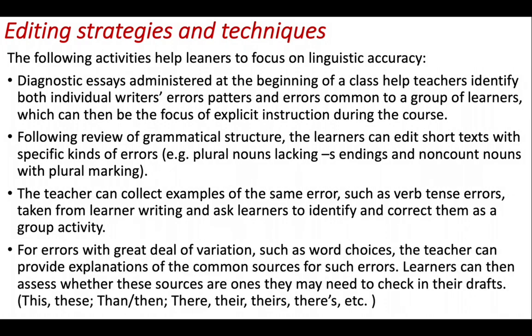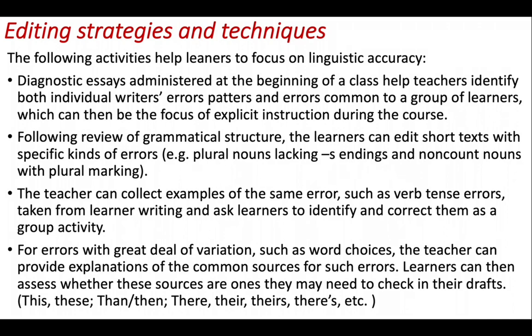For errors with a great deal of variation, such as word choices, the teacher can provide an explanation of the common sources for such errors, and learners can then assess whether these sources are the ones they may need to check in their own drafts. So, for instance, if learners tend to make mistakes with this and these, then, there, theirs, etc. When you see that there are many mistakes related to certain terms, then you can make them aware of this, and then you can ask them to go back to their drafts and correct their own errors.